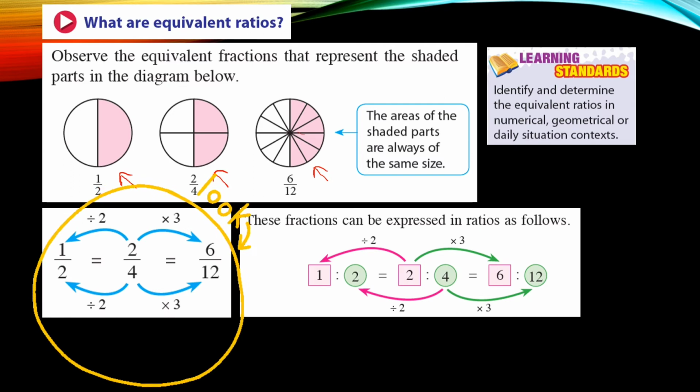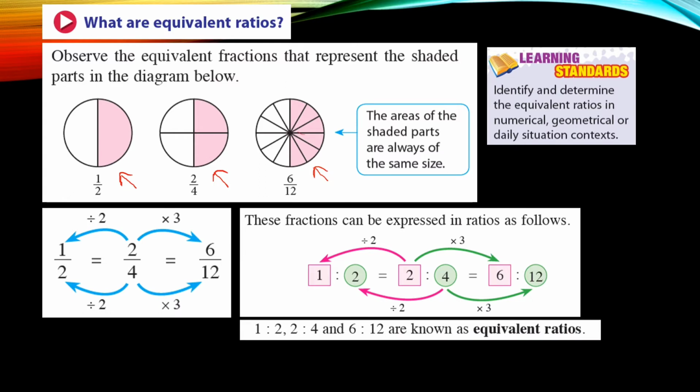And when you multiply both numerator and denominator by 3, you will get 6/12. That is what we call equivalent. 1/2, 2/4, and 6/12 are also known as equivalent ratios.